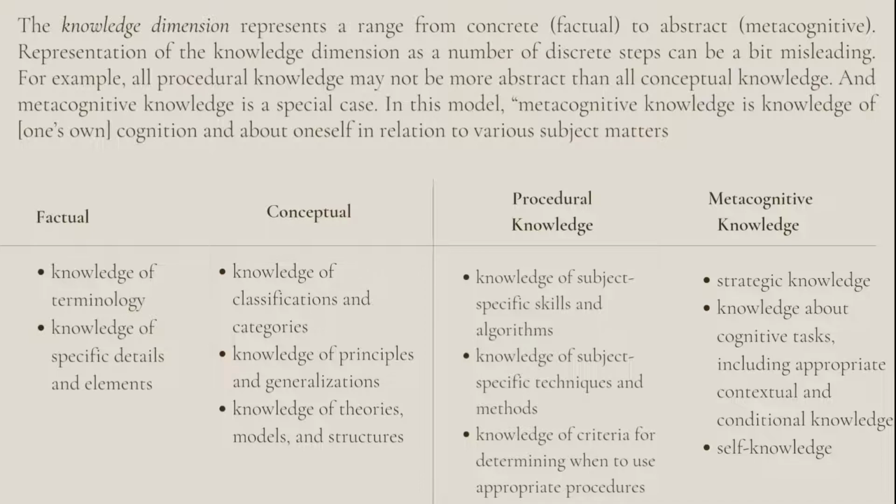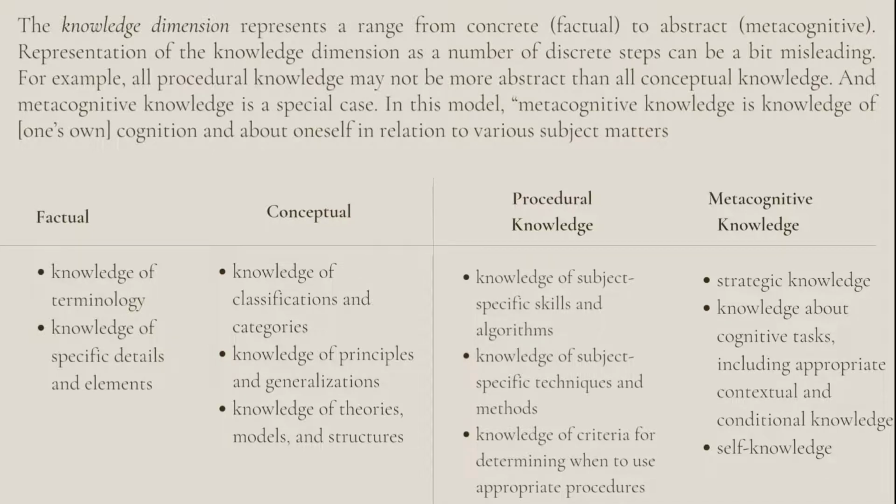So the revised taxonomy highlights the two dimensions, which are the cognitive and the knowledge dimension. The cognitive dimension includes the hierarchical order or the ordered levels of thinking.